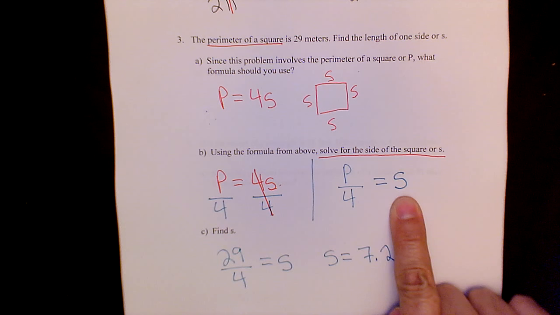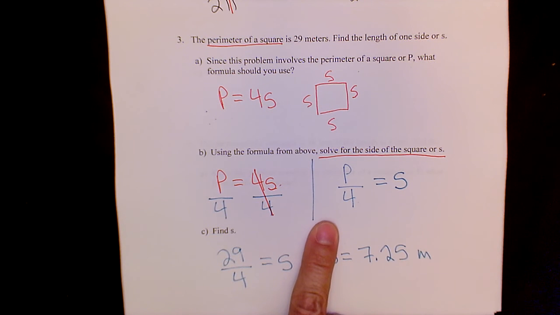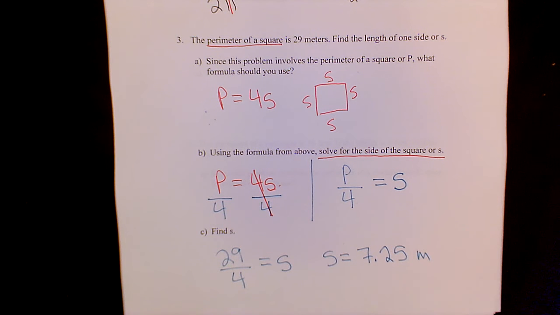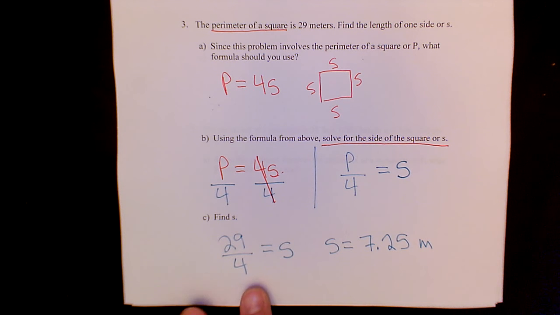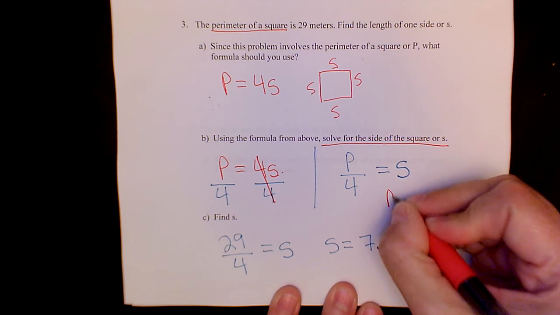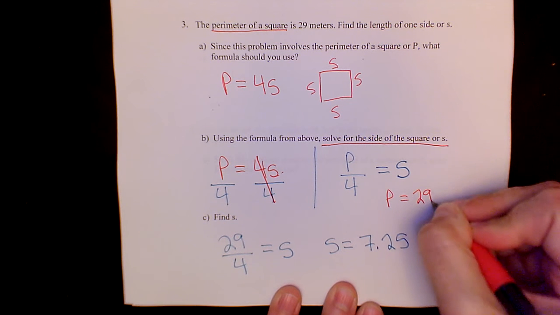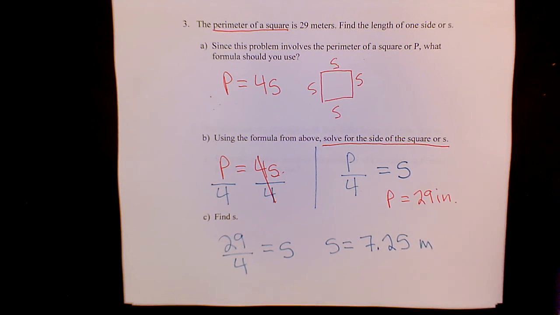They want the side, or whatever you're looking for, that variable on one side, and every other piece of the formula on the other. And so now we have this piece, we can find s. So I know P is 29. I'm plugging that in for my perimeter.